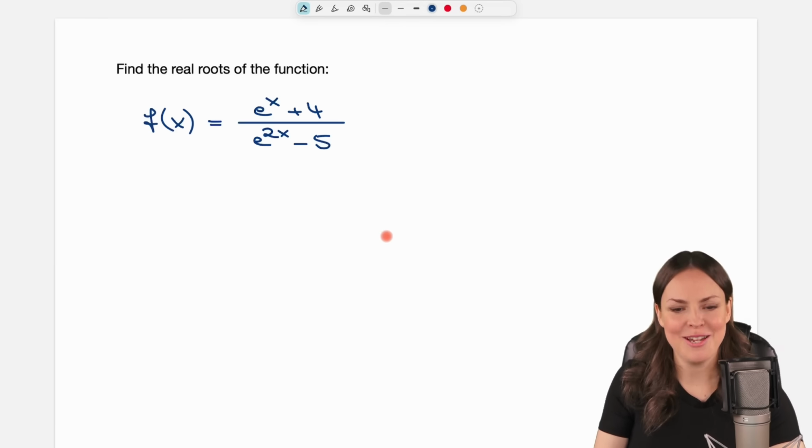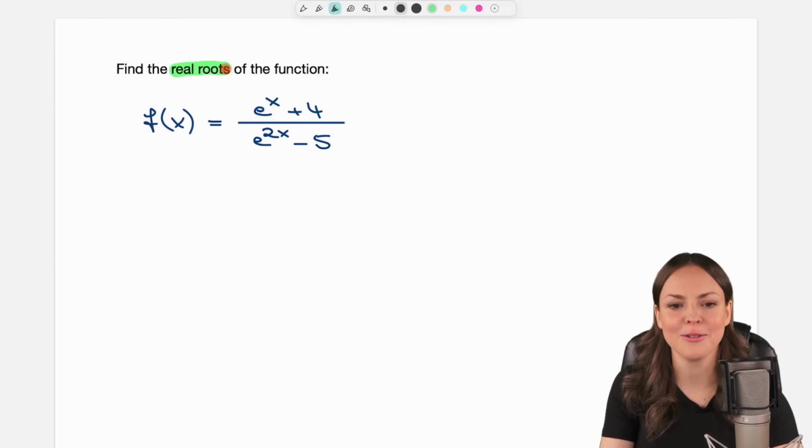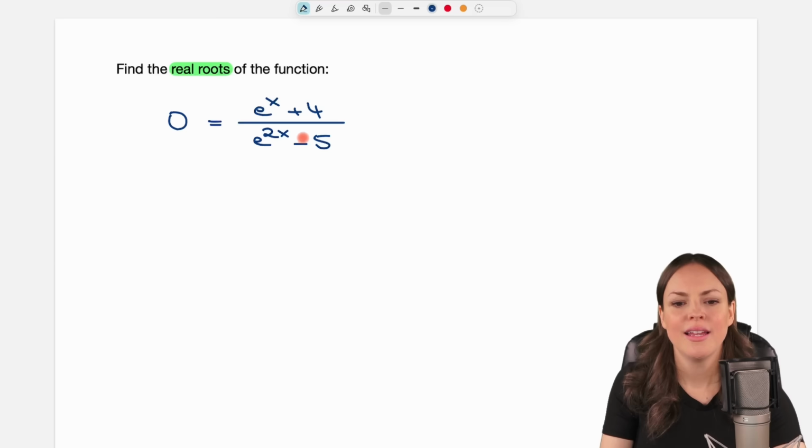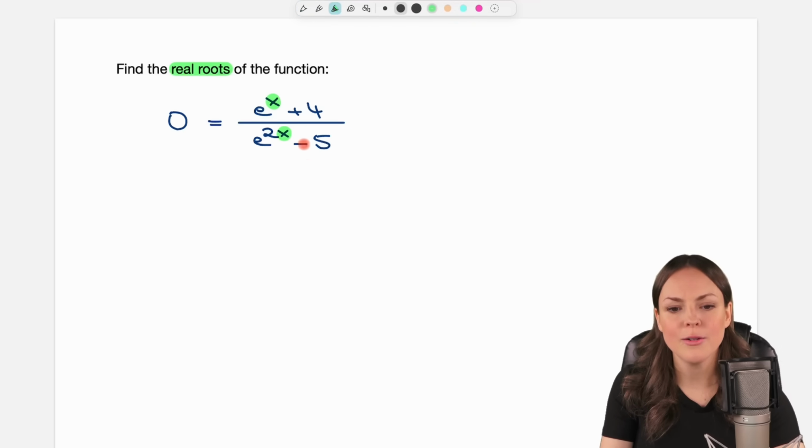Okay, last example. This looks horrible, but we still want to find the real roots. We breathe and we take our function and set it equal to 0. How can we solve this equation now for x? We have x down in here and in here, so we have to get rid of this denominator to be able to solve for x.